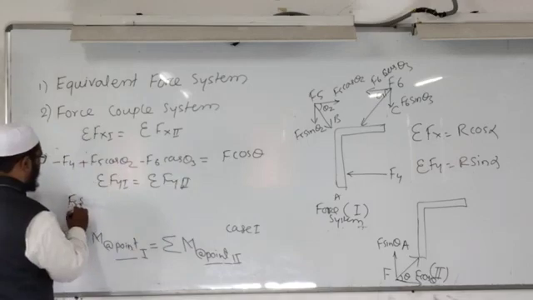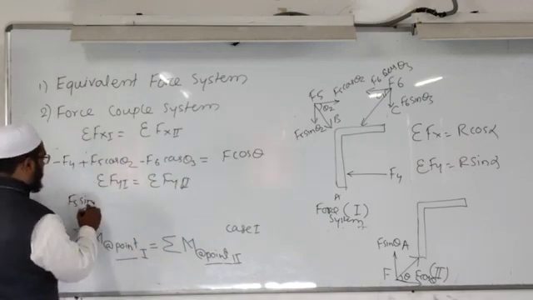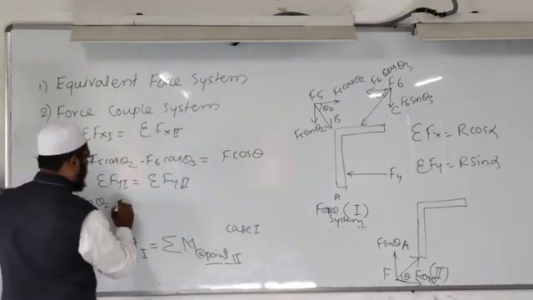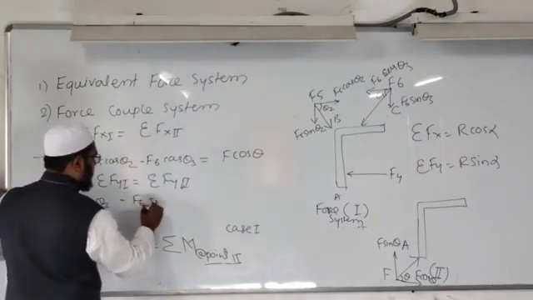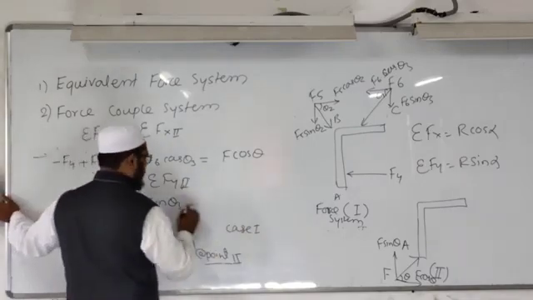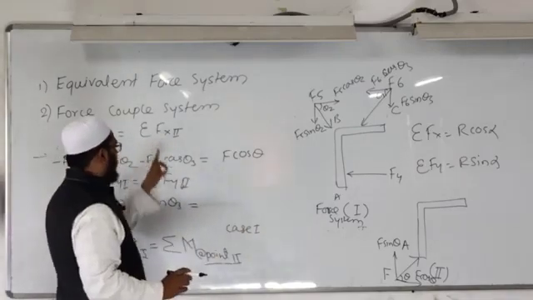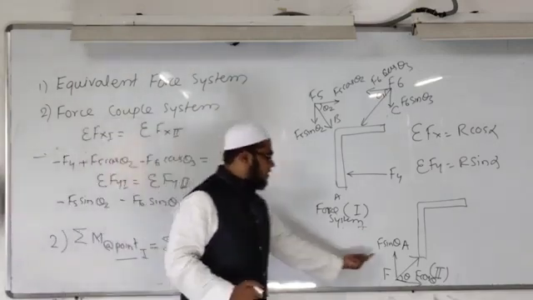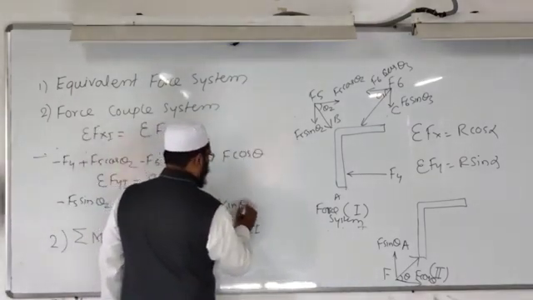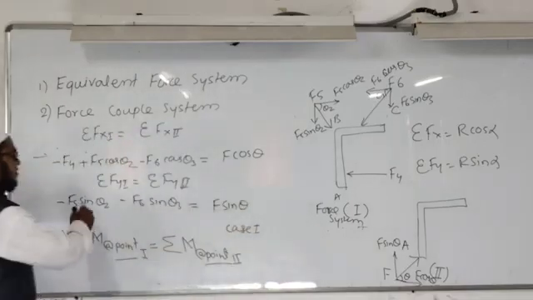F5 sin theta 2, this force is downward, minus, and F6 sin theta 3 is also downward, that is minus, equal to summation Fy of second force system, which has only one force, that is F sin theta. It is equation number 1.